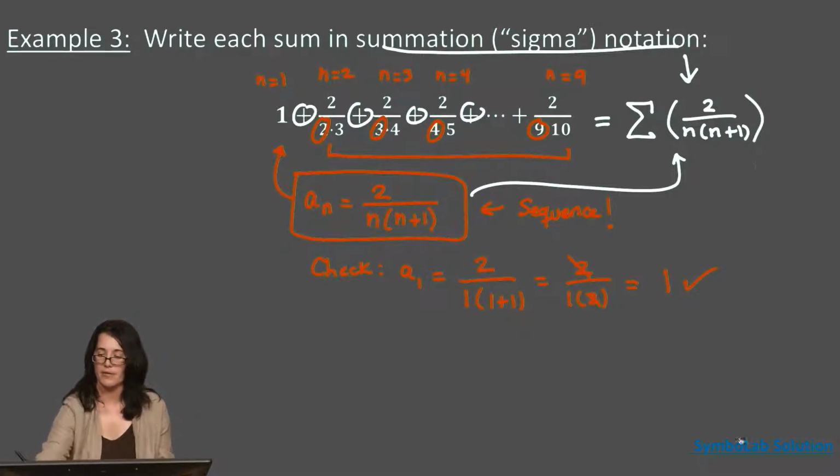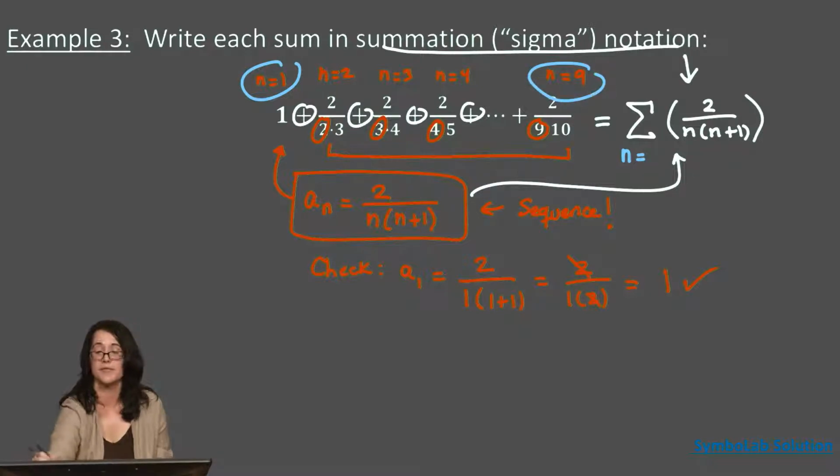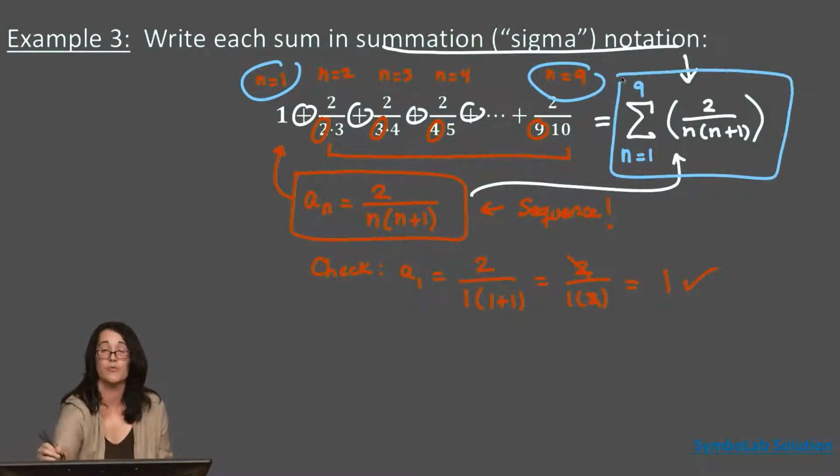And then we tell the reader, or the computer technology, where to start and where to stop the iteration. So starting when n is what term number and stopping where? That's right, from n equals 1 until n equals 9. So the first 9 terms of this sequence are being added together. And we'll do a lot more with that in our future videos.